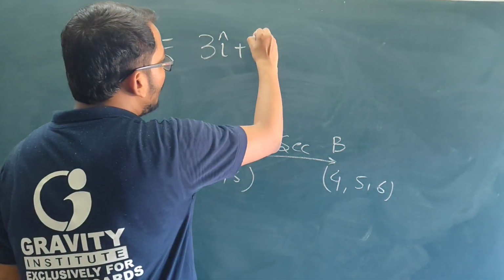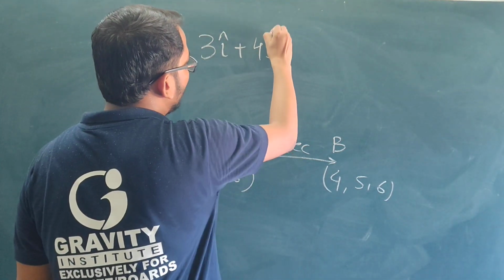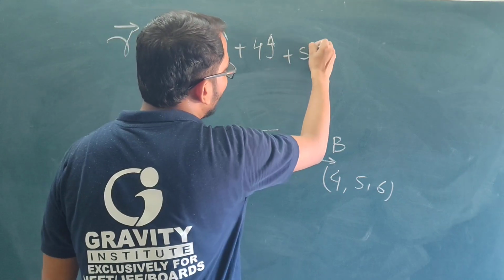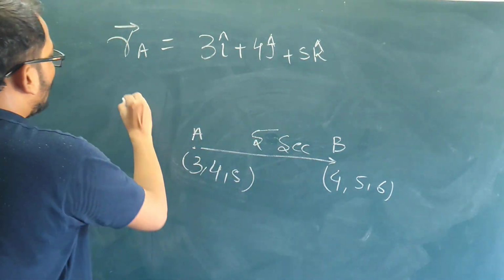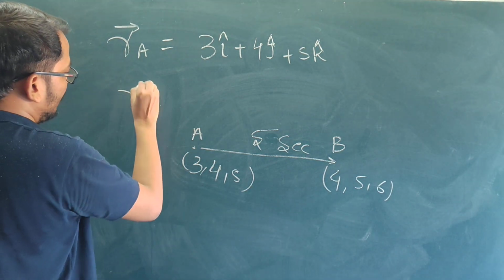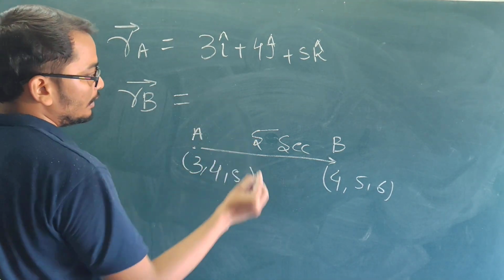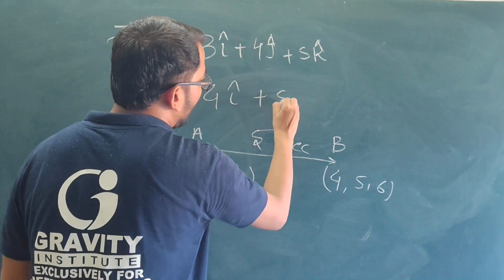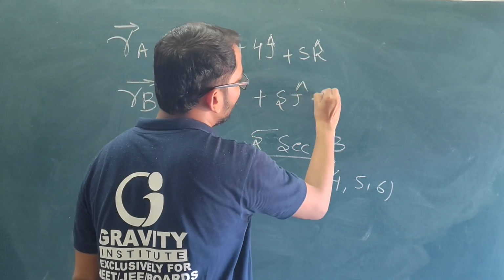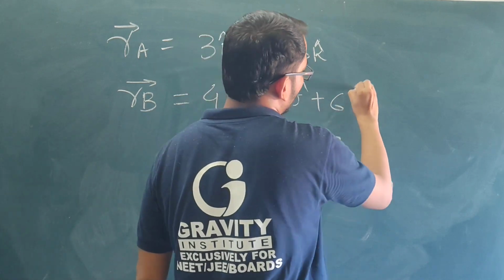This will be 4ĵ and this 5k̂. Then RB is 4î plus 5ĵ plus 6k̂.